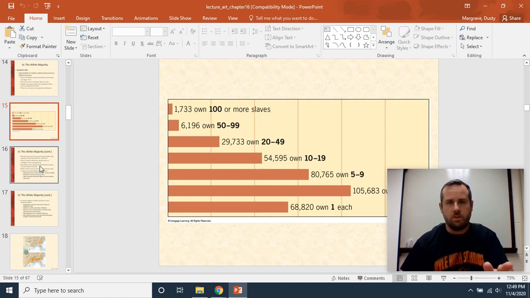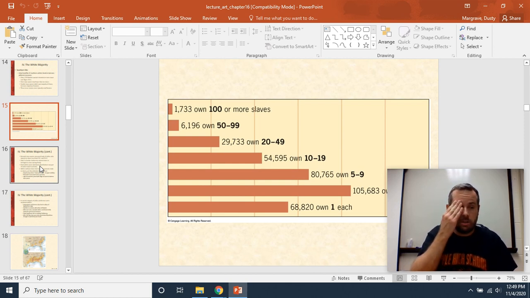Now, we do need to clarify that I'm sure smuggling and illegal trading of slaves still did happen. But in terms of our Constitution and law, the importation of slaves was banned in 1809.